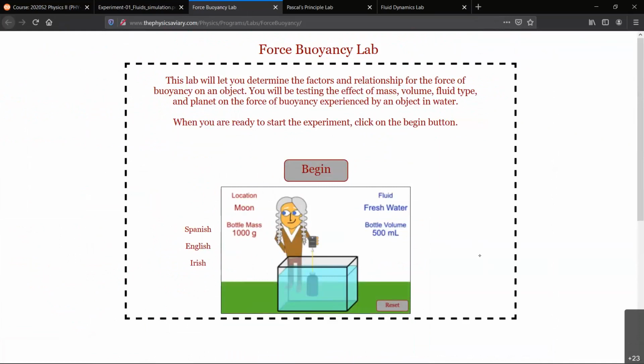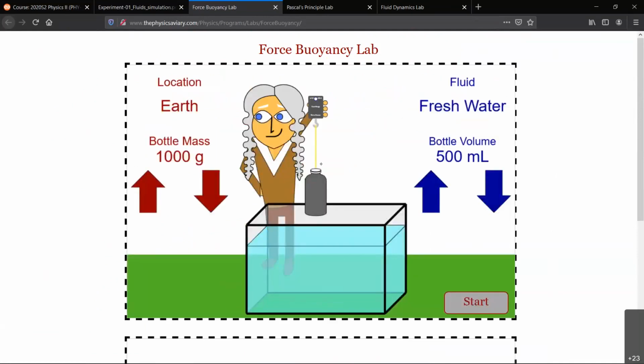If you click the link, it should automatically bring it to here, okay? So to start the simulation, you can just click begin, then it will look like this. Good, any question? Everybody have it?